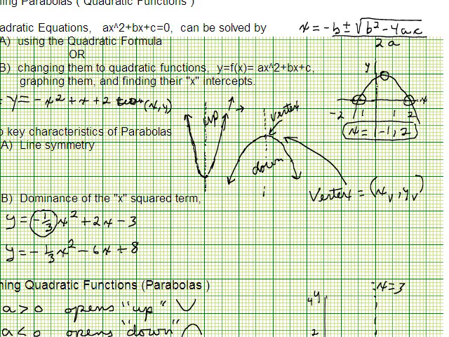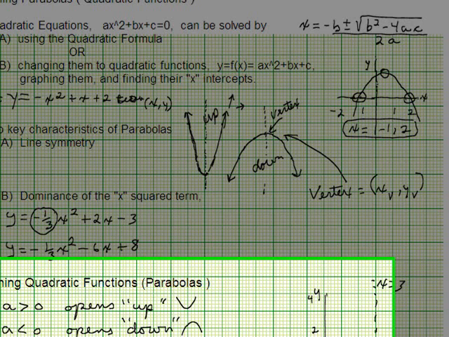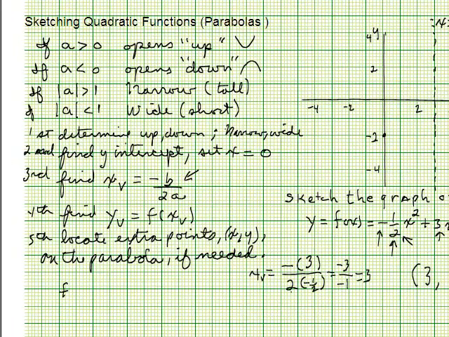Now, according to my rules, to get the y of the vertex, find f of x vertex. So f of empty hole is negative 1/2 empty hole squared plus 3 empty hole minus 2. And I got 3 for my x vertex, so I'm going to put 3's in the empty holes.